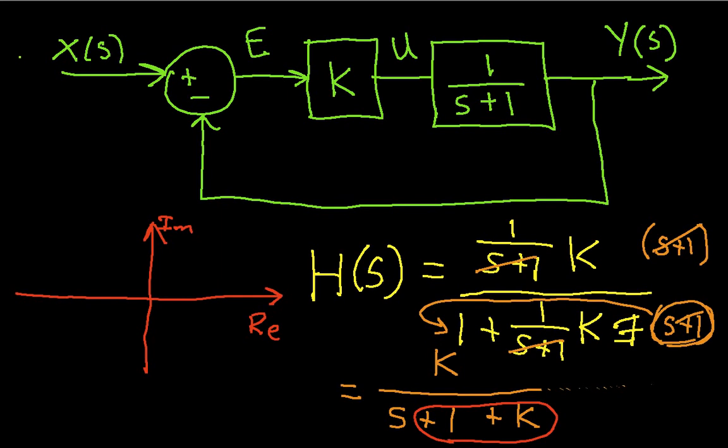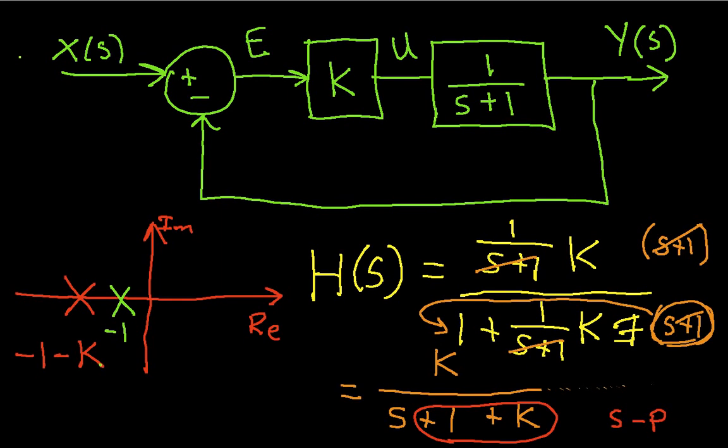And you'll remember the form of these expressions for poles is s minus the pole. So s plus 1 plus k means that there's a pole over here at a value of minus 1 minus k. Okay, so you can see that I've taken my original system, which had a pole at minus 1, and I've moved that pole to the left, assuming that k is positive.